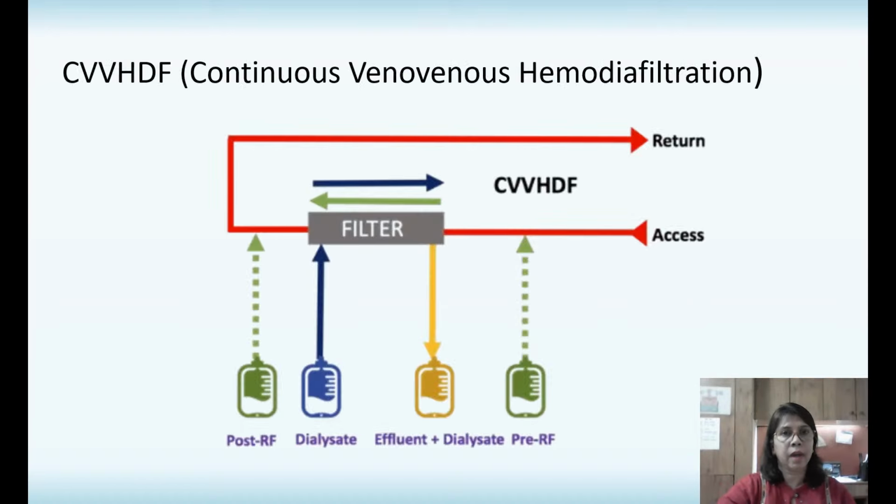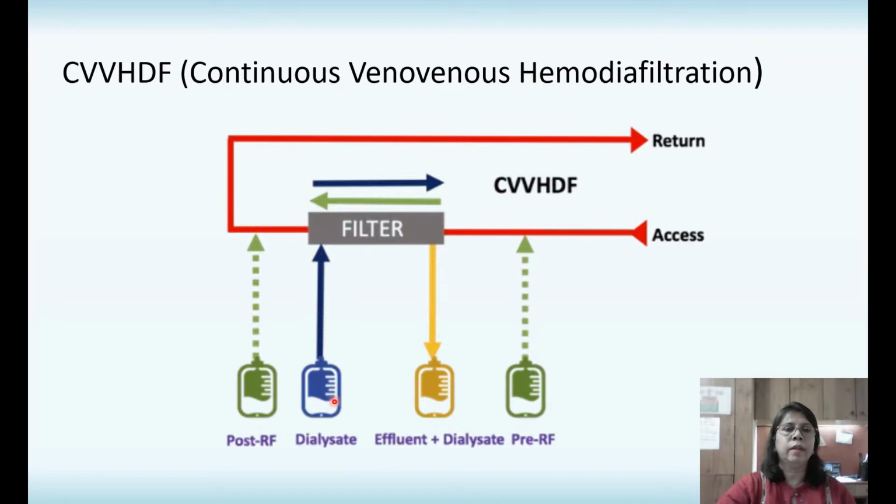Let us take a look now at CVVHDF, that is continuous veno-venous hemodiafiltration. This is a combination of both hemodialysis and CVVH. So let us look at what happens. Blood from the patient is removed via an access and passed through the filter and returned.